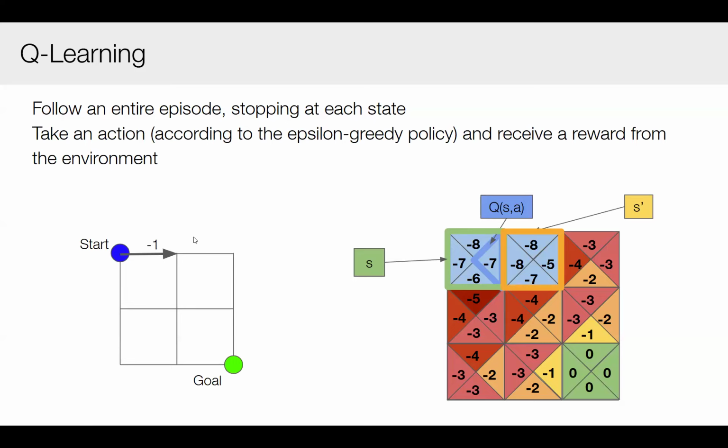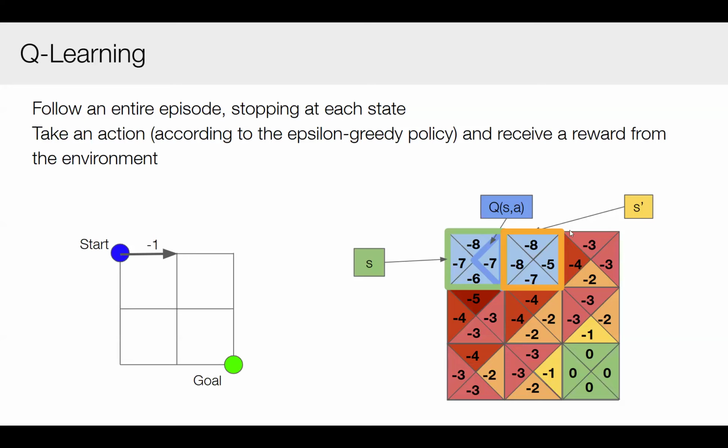Our reward would be -1. Recall that epsilon greedy means that most of the time we take the action that corresponds with the largest Q value. However, as we can see here, we didn't this time, because we took an action in the direction of the -7, whereas -6 would have been a better action. So here we're taking a random action.